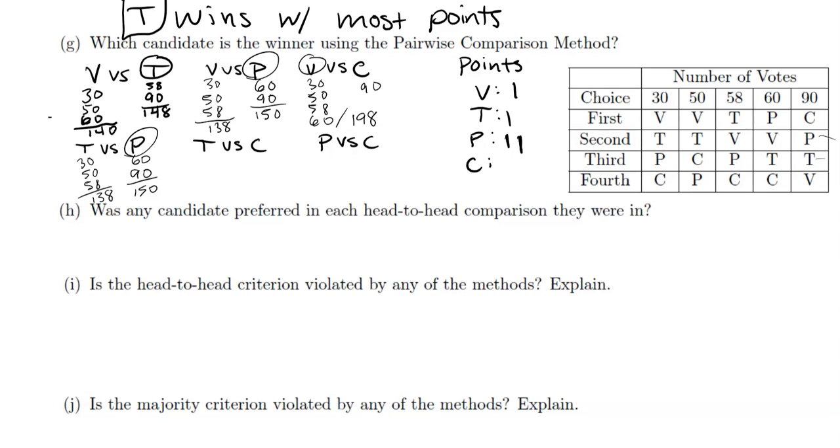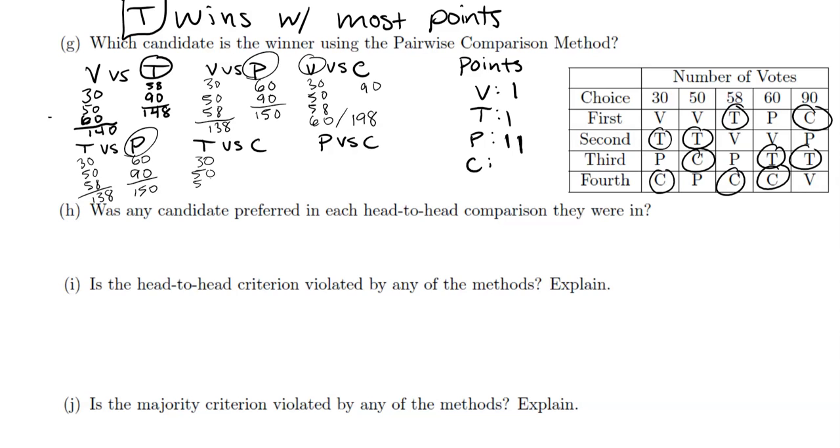Now we can do T and C. So let me mark all our T's and C's. So T versus C in the first column, T gets 30 since they're on top, and then they also get the 50.